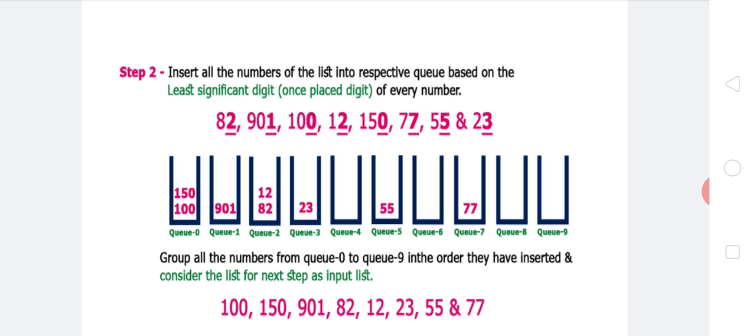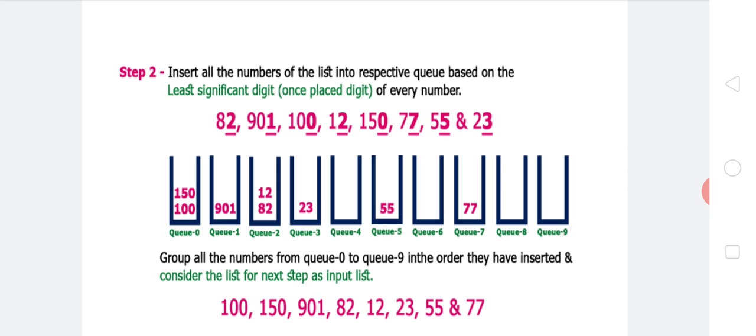In 12, 2 is the least significant digit, so we insert 12 in queue number 2. In the figure, 12 is inserted above the 82. Now 150: its least significant digit is 0, so 150 is placed in queue 0.